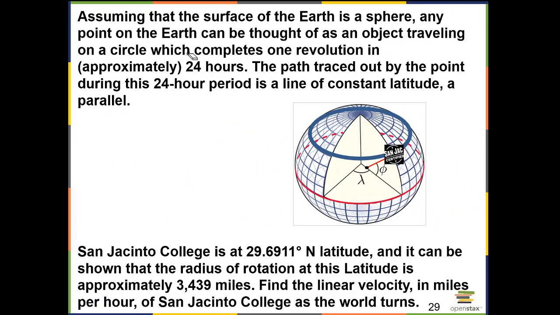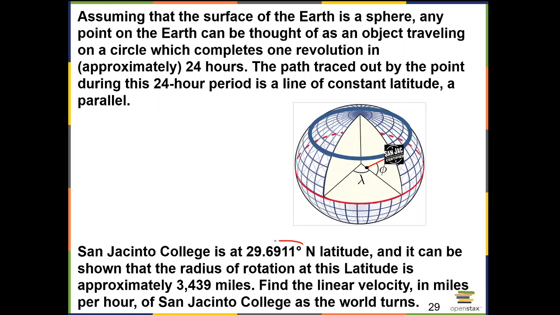So let's look at this. This is San Jacinto College, on the Spencer Highway in Pasadena, Texas. And we know that the San Jacinto College latitude is 29.6911 degrees north. Usually the latitude is given in degrees, minutes and seconds.